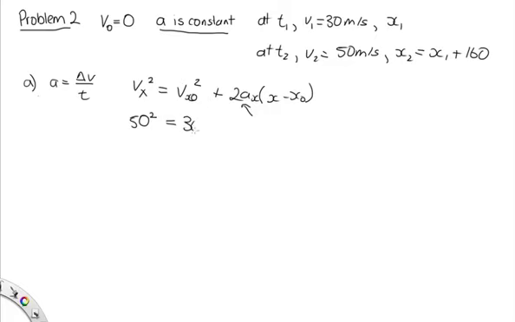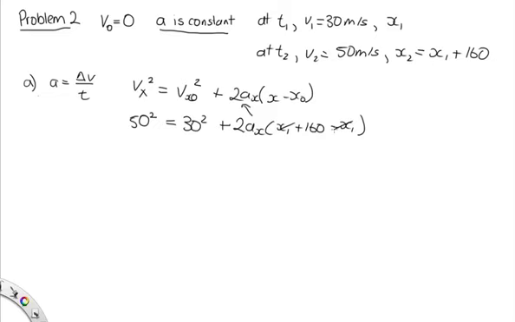So we can put 30 squared there, in which case this x0 corresponds to x1, and this x corresponds to x2. So then we've got plus 2ax, x is x1 plus 160, and x0 is x1.